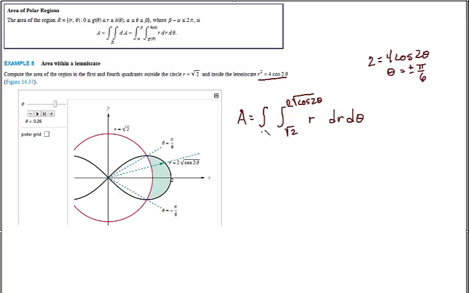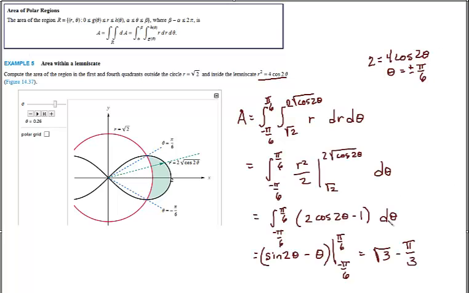So it will look like this. And now it's just straight up integrating from here, which makes it really nice. So I'll do that. And when you get finished plugging in all of your limits of integration, that would be what you got for that area.